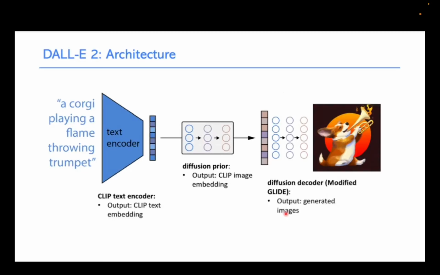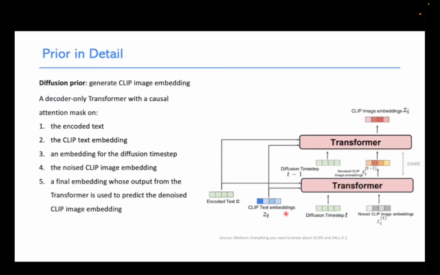Yeah, I understand that the functionality of the whole diffusion prior is to convert the text embedding to the image embedding. But if we go to the details slide, why do we use these inputs? Another thing that caught my attention is why we are doing it step by step.